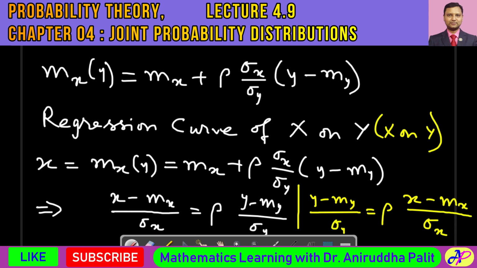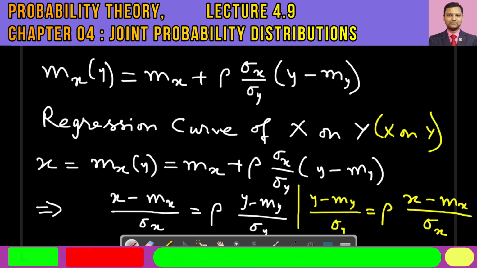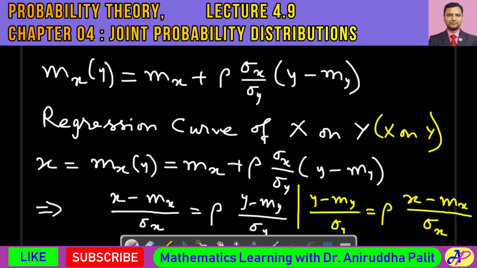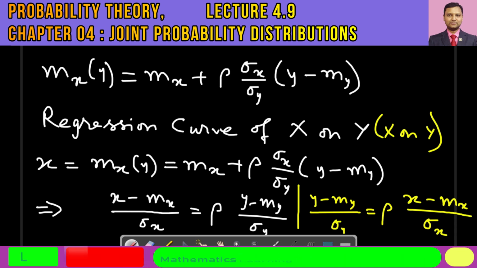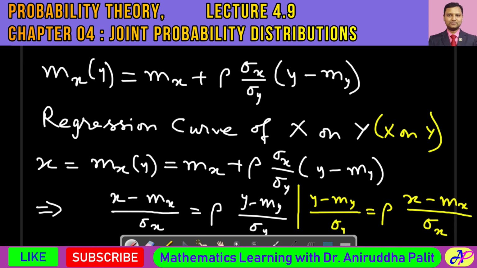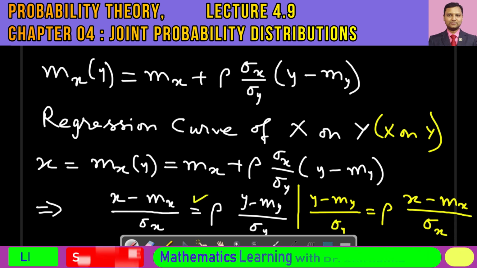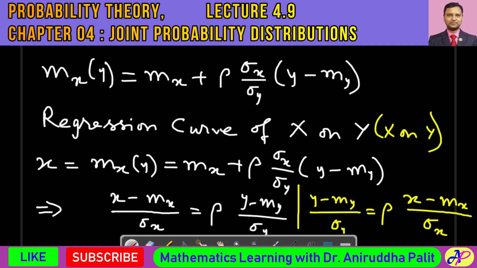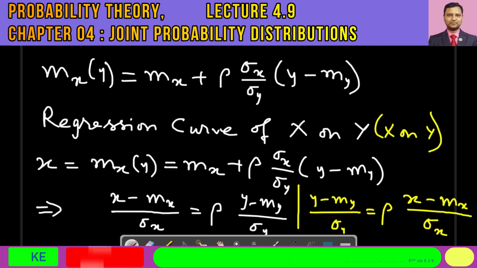You can observe that both of these two equations actually represent two straight lines. So in case of bivariate normal distribution, the regression curves are actually two straight lines, and you can compute the gradient of the straight lines. Sorry, I made a mistake.